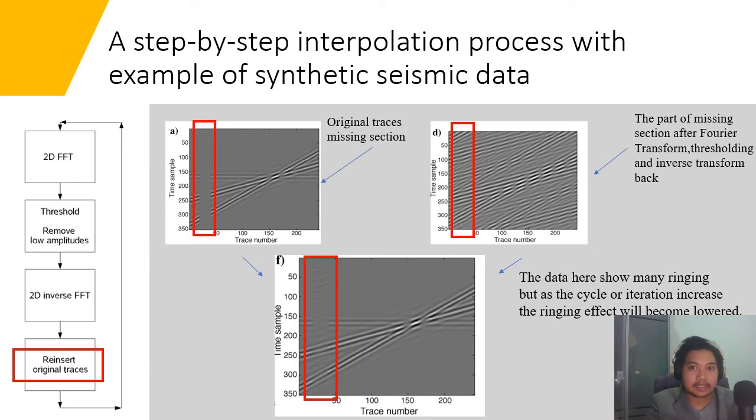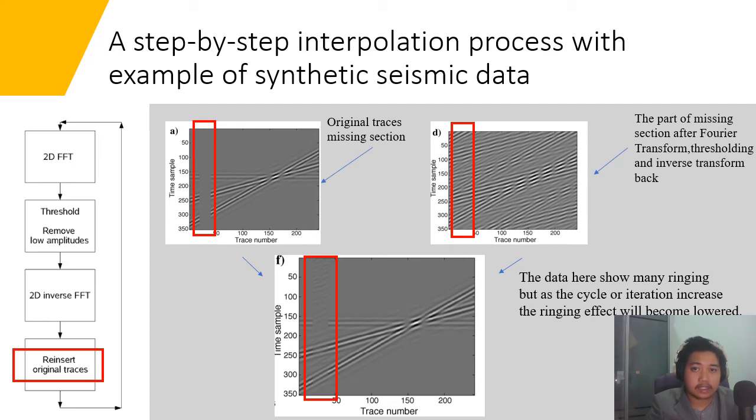So here is the final portion of the iteration process. After we have the inverse transform of the high amplitude seismic, we can take the part of the missing section after Fourier transform, thresholding, and inverse transform, and fill in the original traces into the missing section of the seismic data, and we will get the result as in the figures below.